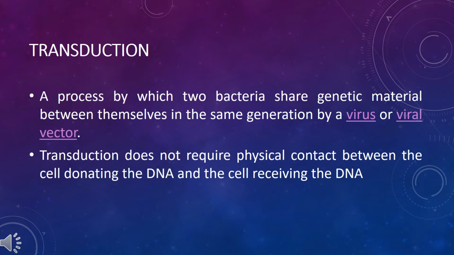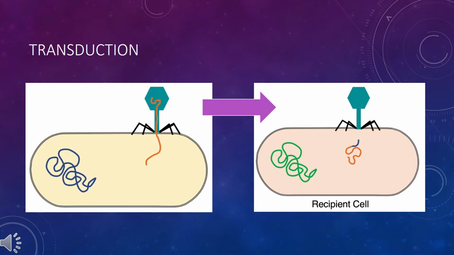And among the three methods of transferring genetic material, transduction is the only method that does not require physical contact between the cell donating DNA, or the donor cell, and the cell receiving DNA, or the recipient cell. So to fully understand what is transduction, here, these two are bacterial cells.